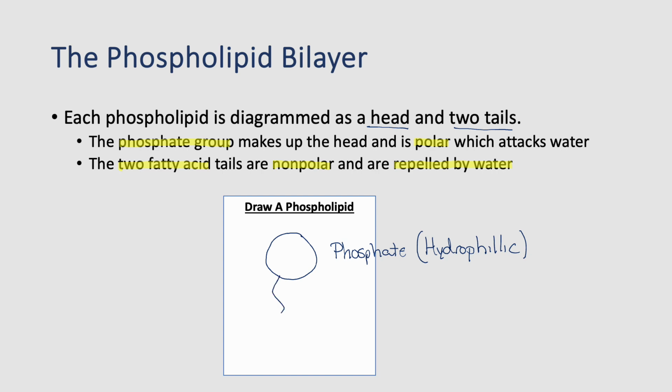And we also have two fatty acid tails. These fatty acid tails are hydrophobic, meaning they are afraid of water or do not want to associate with water.